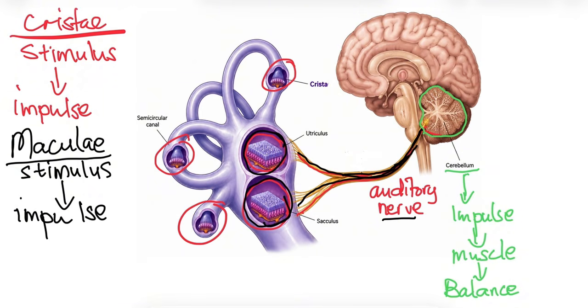Where is this nerve impulse going? It's going to the same place. It's going to the cerebellum for interpretation.